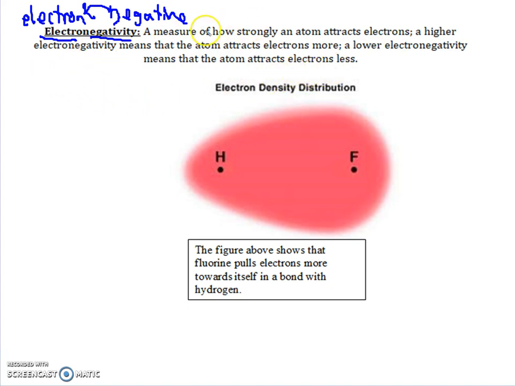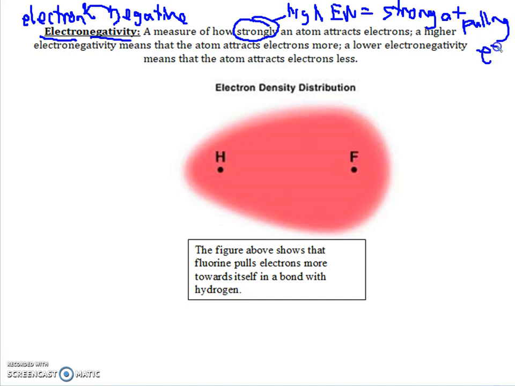So it sounds like the key word here is strongly. So high electronegativity, I'll do EN, equals strong at pulling electrons. Let's just do E minus. Let's look at this figure.